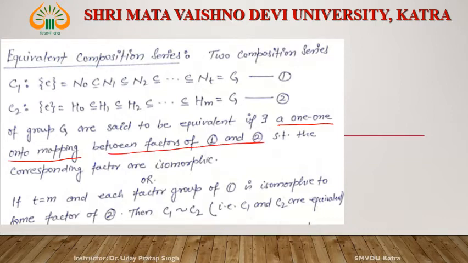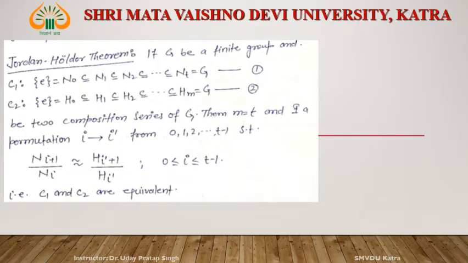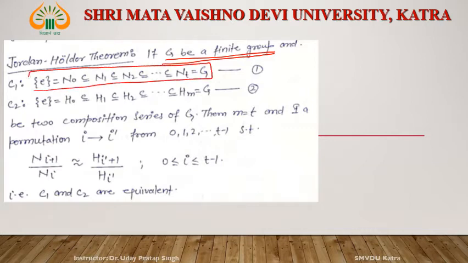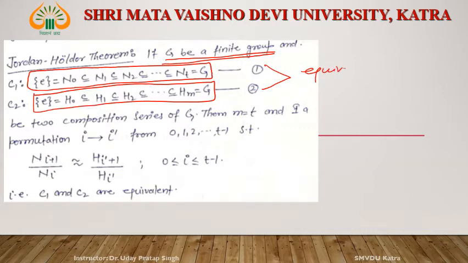Now see the statement of Jordan-Hölder. If G is a finite group, remember that this theorem is applicable to finite groups only, and this is one composition series and this is another composition series, then these two composition series are equivalent. The Jordan-Hölder theorem says that if a finite group has two composition series, then these composition series are equivalent. What do we mean by equivalent?